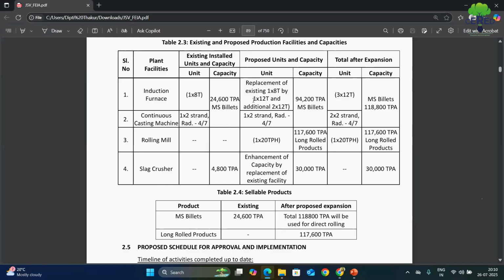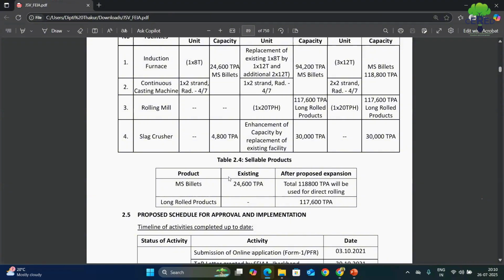MS billet. So now the unit is 1 into 12 ton, and the capacity of the induction furnace and CCM, where we got the product MS billet, is 1,18,800 TPA, and the rolling mill is 1,17,600 TPA, and the slag crusher we got 30,000 TPA, that is ton per annum.